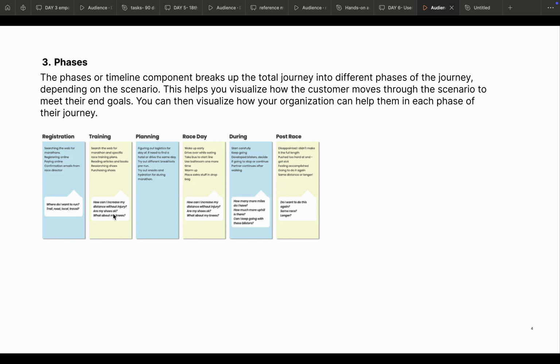So in the training, these are the things going in his head. He is also planning logistics for that day, and trying to get hydrated for the marathon. And on the race day he wakes up early, drives over while eating, and takes the bus. These are the actions and these are his thoughts.